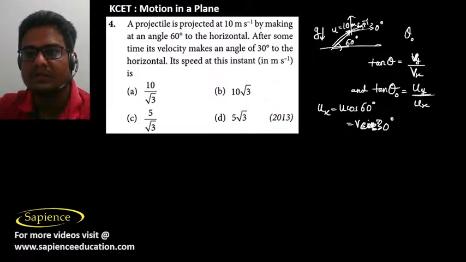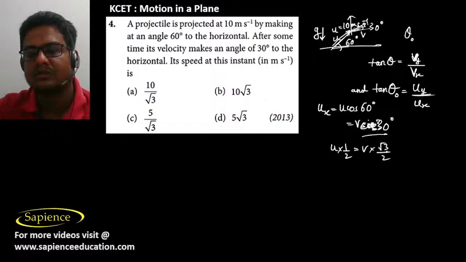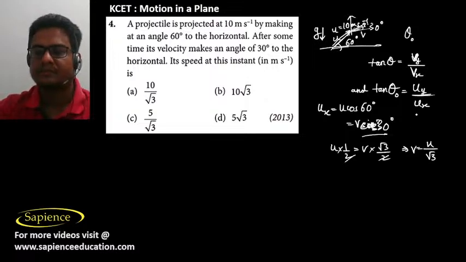Since after some time the final velocity will be v, and initially it is u, the horizontal component should be the same, so v cos 30 is equal to u cos 60. So u cos 60 is u by 2, and cos 30 is root 3 by 2, so v will be equal to u by root 3.